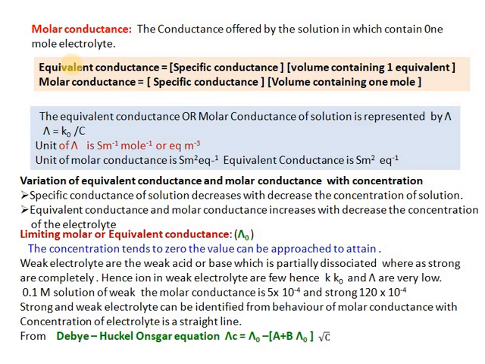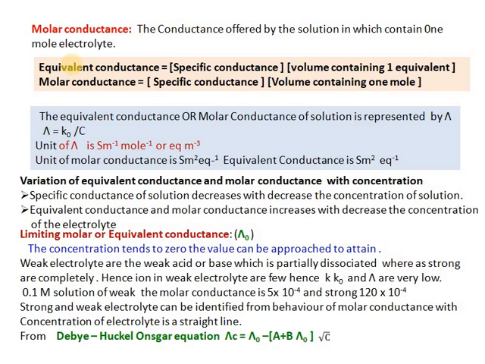Therefore specific conductance is directly proportional to the concentration of the electrolyte, and so the specific conductance of the solution decreases with the decrease of the concentration of electrolyte.